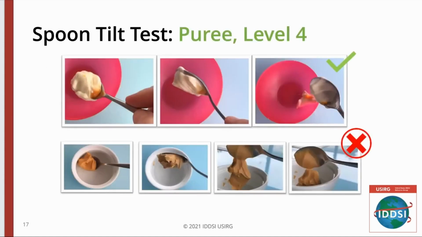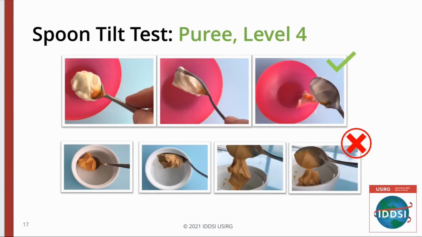Let's review the spoon tilt test because it is so important. An individual with dysphagia may have difficulty controlling and shaping food into a ball in the mouth. They may lack saliva to make sure the ball of food is moist enough to swallow. Foods need to be slippery, moist, and cohesive.